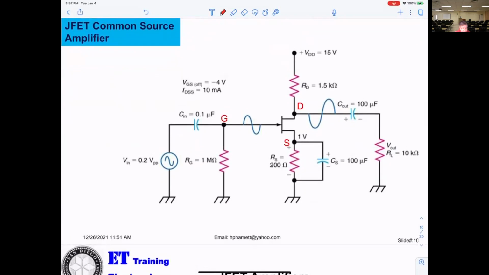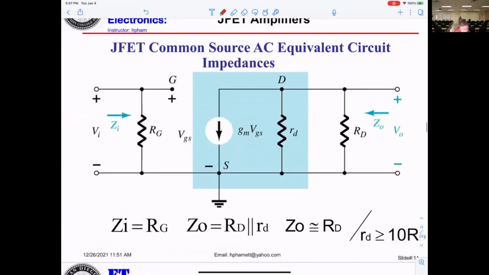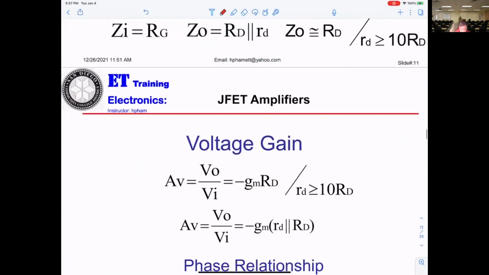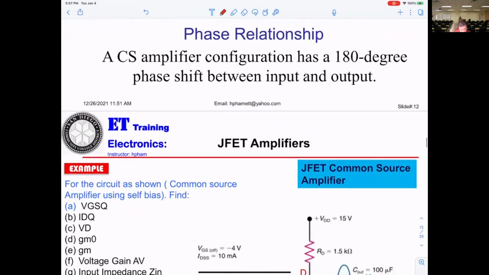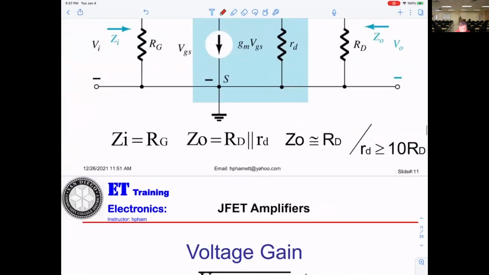Now on that one, they gave you V in 0.5 volt peak to peak. This is what we need to do. On this they just gave the formula.